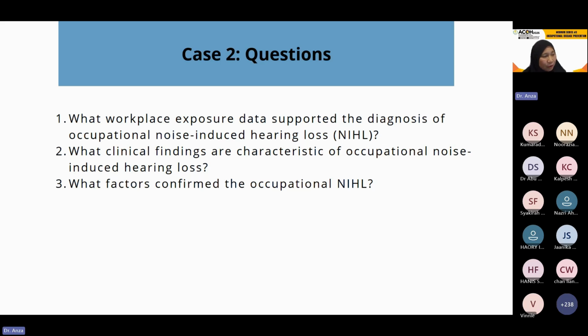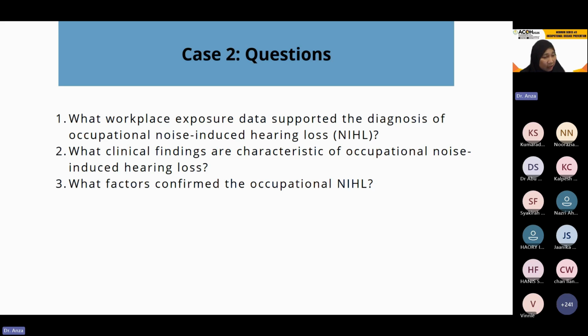So number 3, what factors confirm the occupational NIHL? Remember the one that I mentioned to you: get the history, get the exposure, apply to the standards. Yes, Dawina, excellent. Exposure, yes, duration of exposure, right?